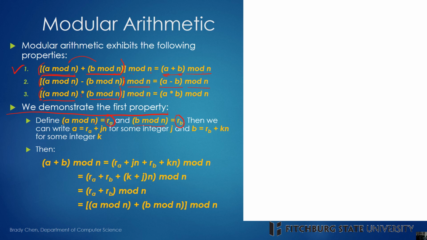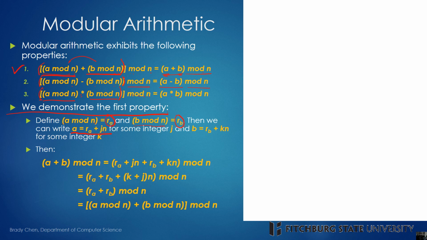That's Ra, because that's the definition of the mod operation. And when B is divided by n, the remainder is Rb. So I can write A as J times n plus Ra, where J is the quotient when A is divided by n.